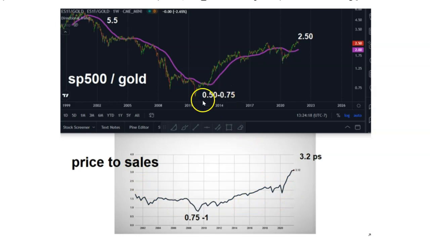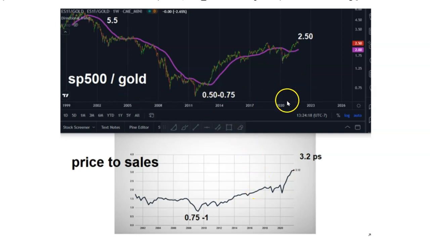I want to show also a different ratio, which is the S&P 500 divided by gold. And notice that this coincides and it confirms that people are overvaluing stocks compared to sales and also to gold.